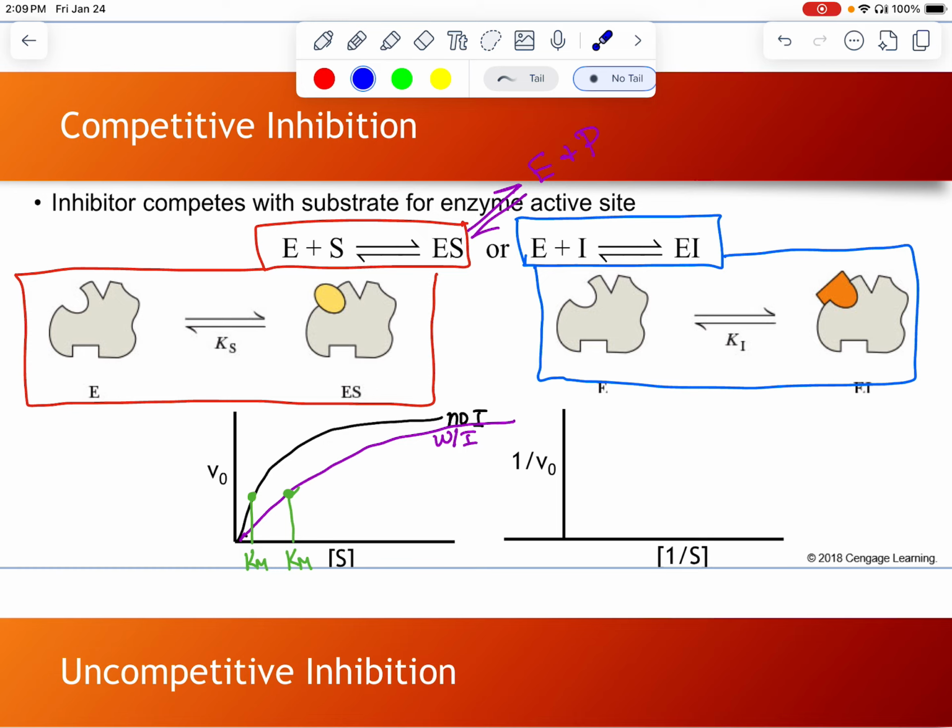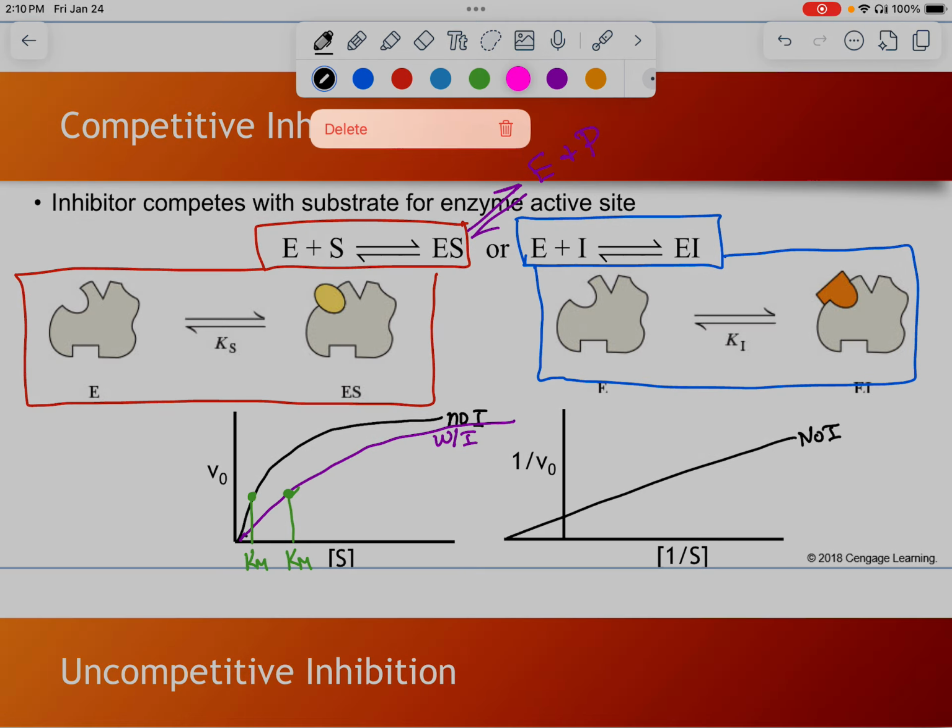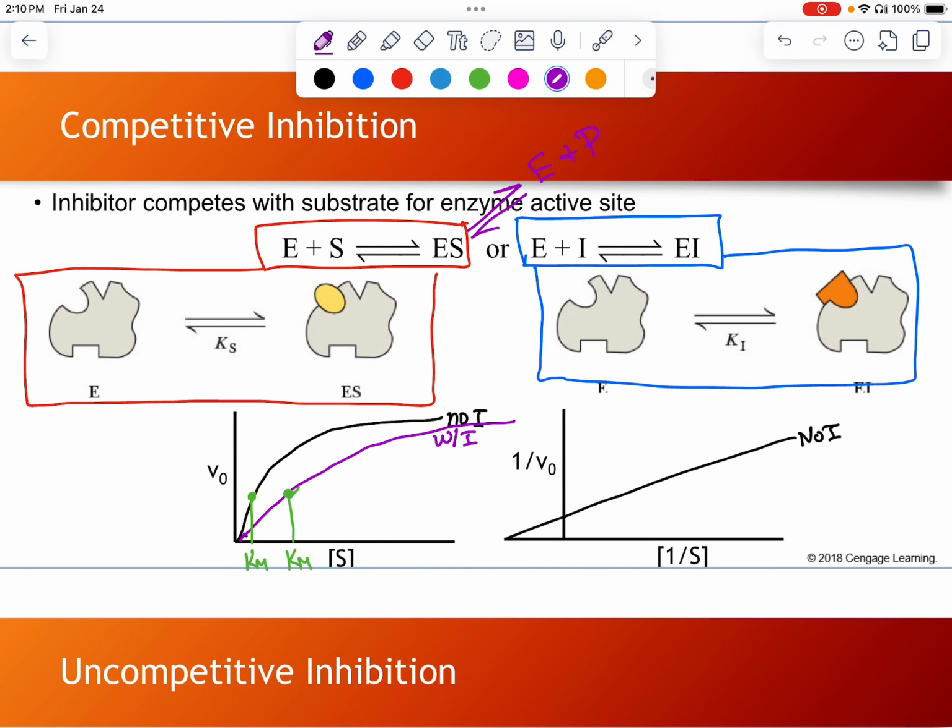So that makes sense. Let's think about what that would look like on a Lineweaver-Burk plot. So if I had an initial plot that looked something like this, no inhibitor, I know that my Vmax is going to be the same. So I'm still going to have this spot.